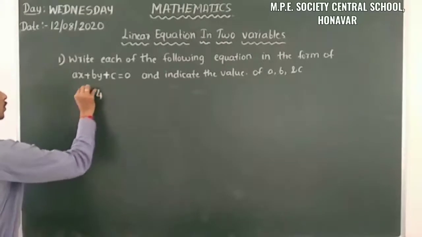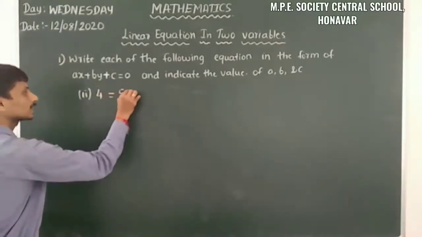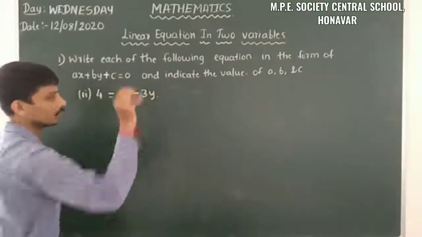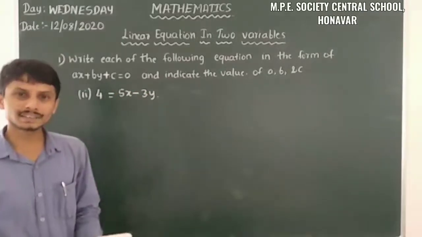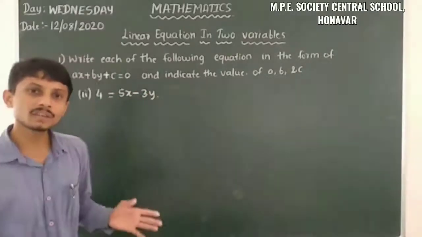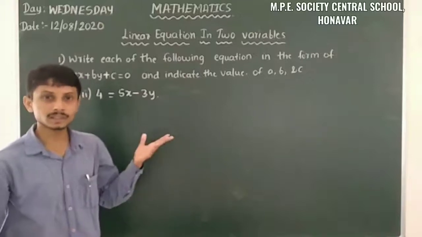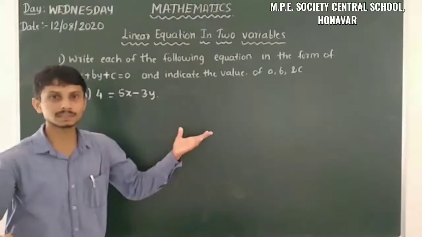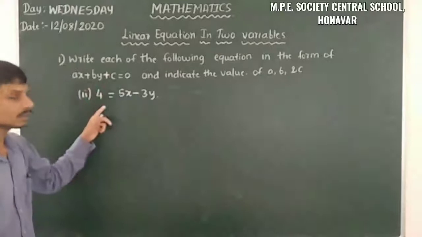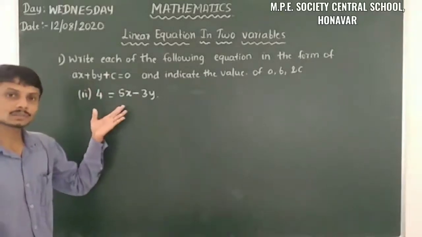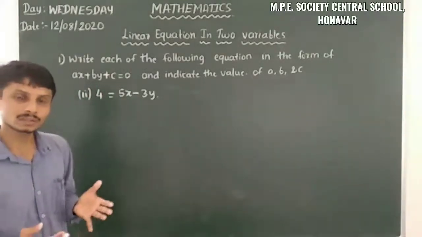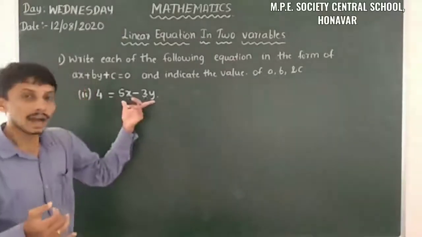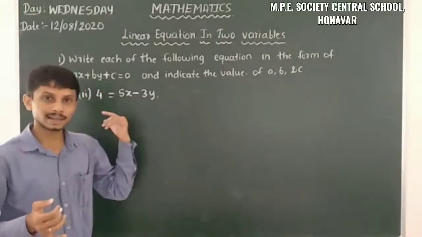Second one, 4 is equal to 5x minus 3y. You can take any example. After that, we have to convert that into the form ax plus by plus c is equal to 0. So here, firstly we have to take all the RHS terms to the LHS side.